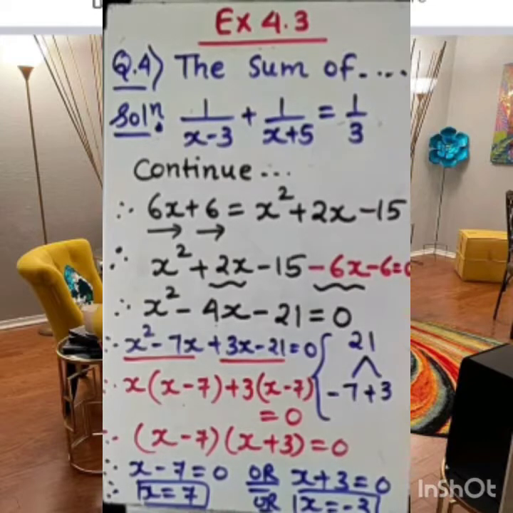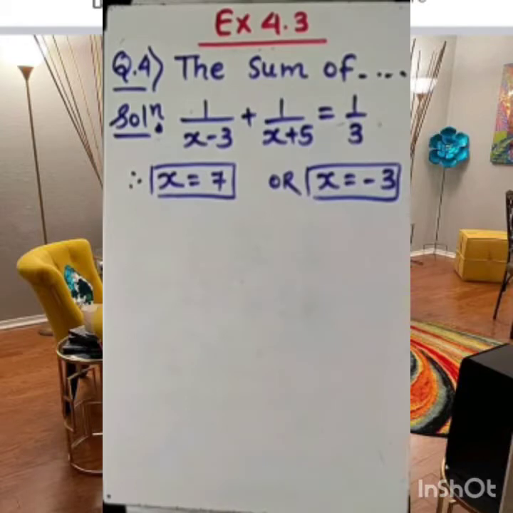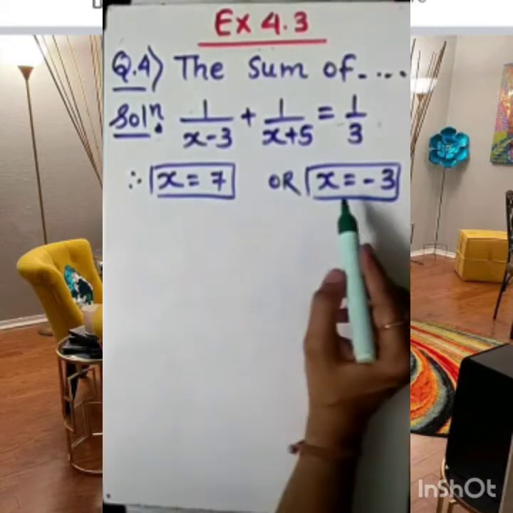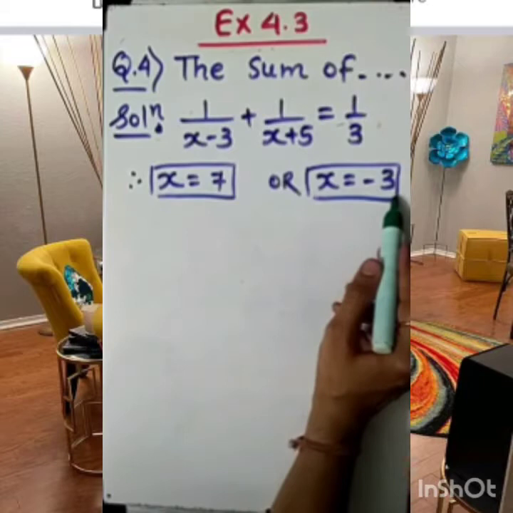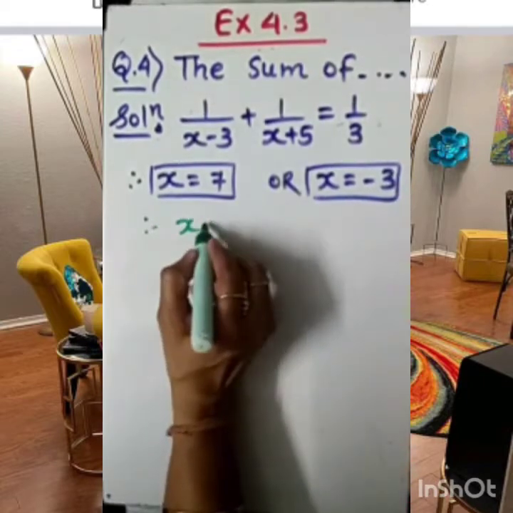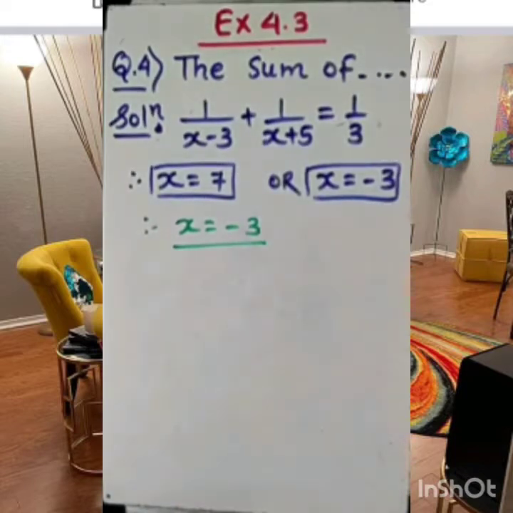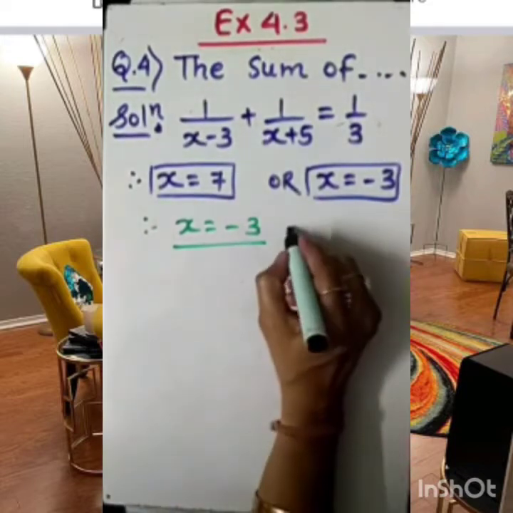So let's write the final answer in statement form. My dear student, the two solutions which we are getting are the roots of this given equation. One of them is x equal to 7 and another is x equal to minus 3. As you know very well, x equal to minus 3 is not possible.